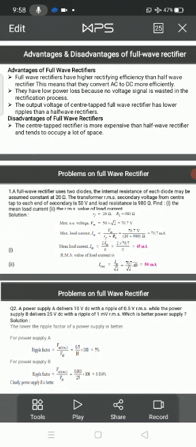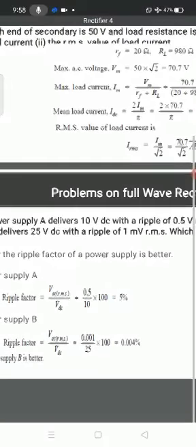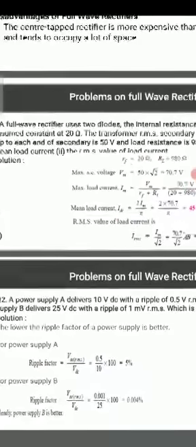Generally the lower ripple factor of a power supply is better. See here, for power supply A, the ripple factor. What is the formula for ripple factor? The ripple factor equals VAC RMS by VDC.